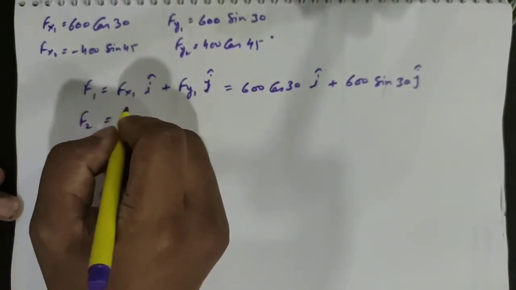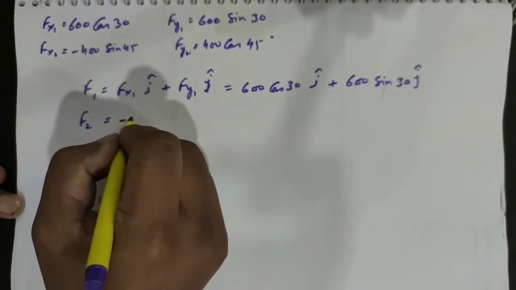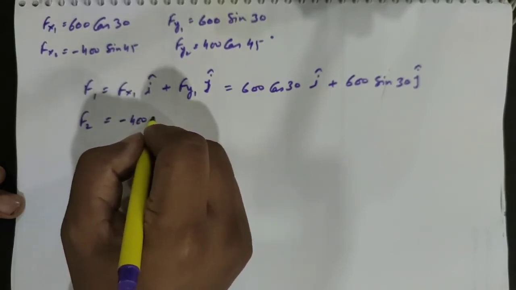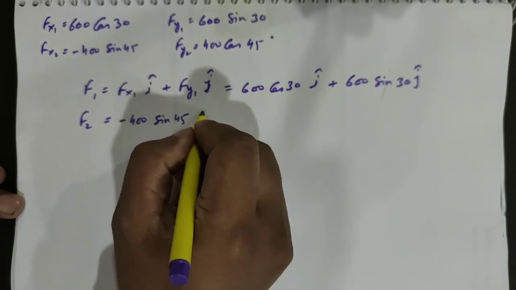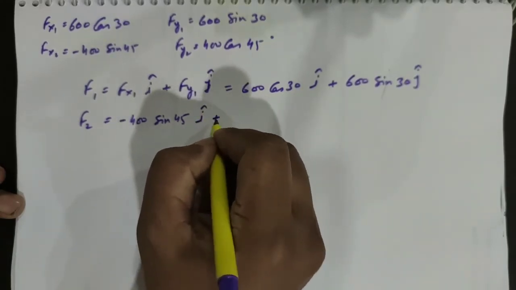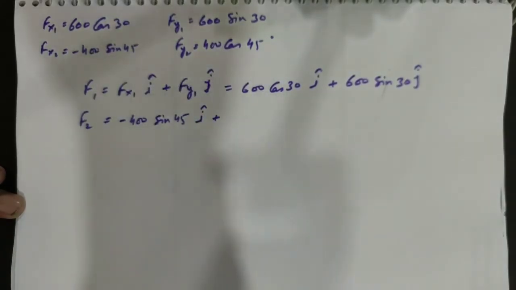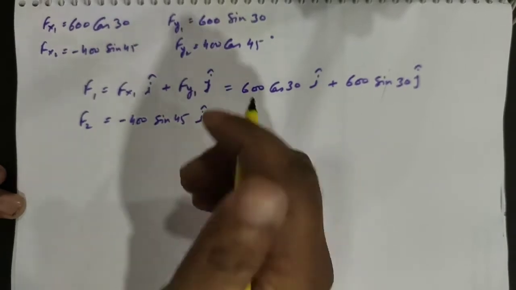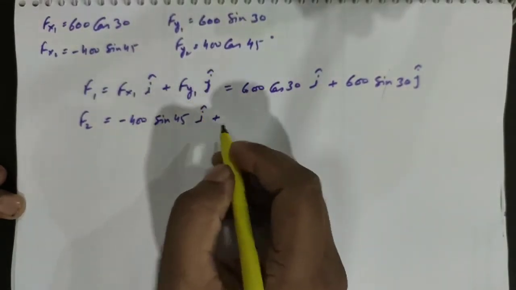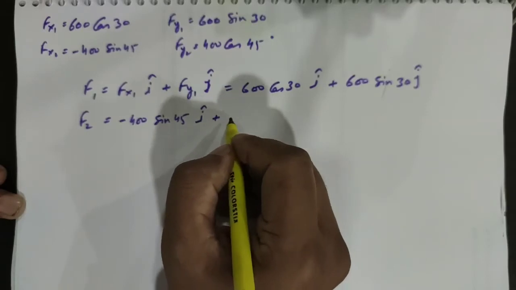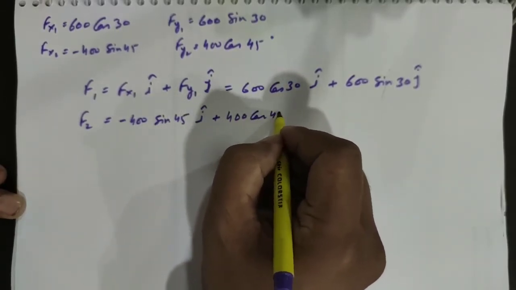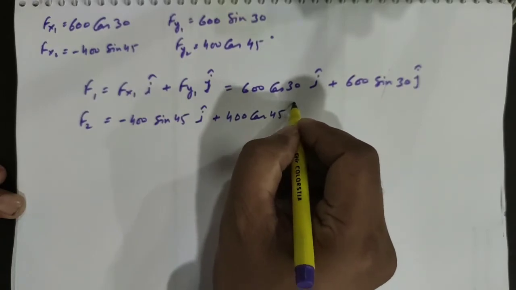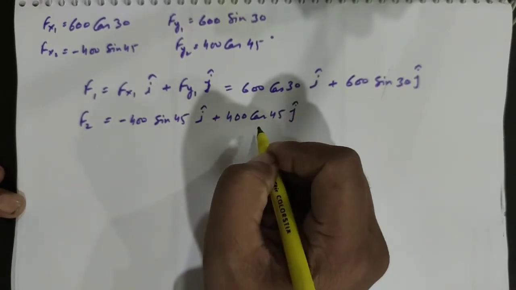F2 is equal to minus 400 sin 45 i plus 400 cos 45 j, like this.